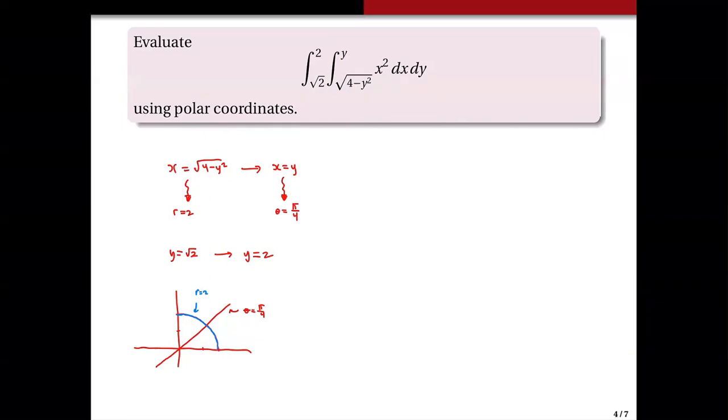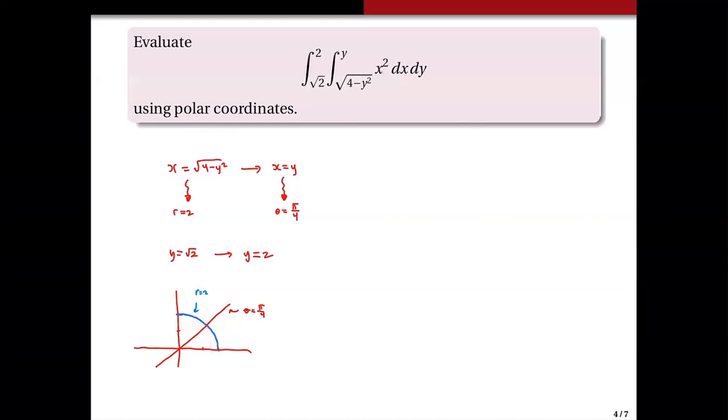Before we proceed to that, let's check the values of y. Y equals square root of 2 until y equals 2. So this is y equals square root of 2 at this point. This is your x part, this is your y part.